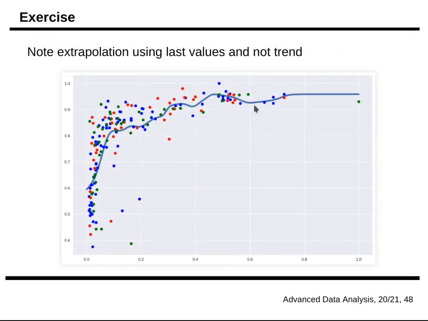So basically you have a constant estimate here based on the last points that you have, because these will have a lot more weight than the others. And so it's a lot more conservative when you go outside your training set, but it doesn't take into account any trends that you may see.